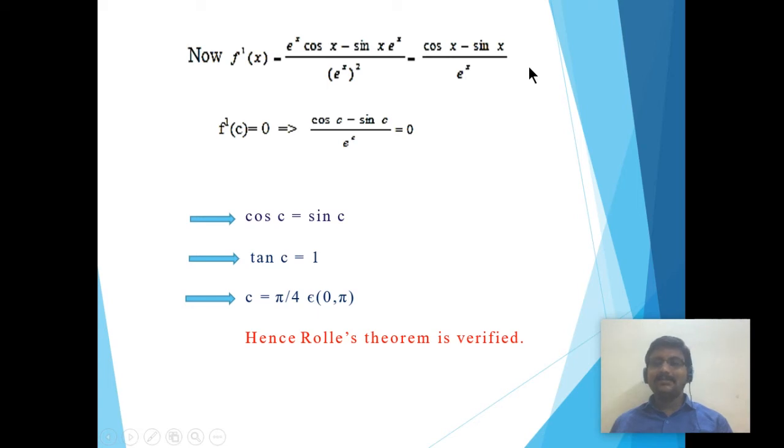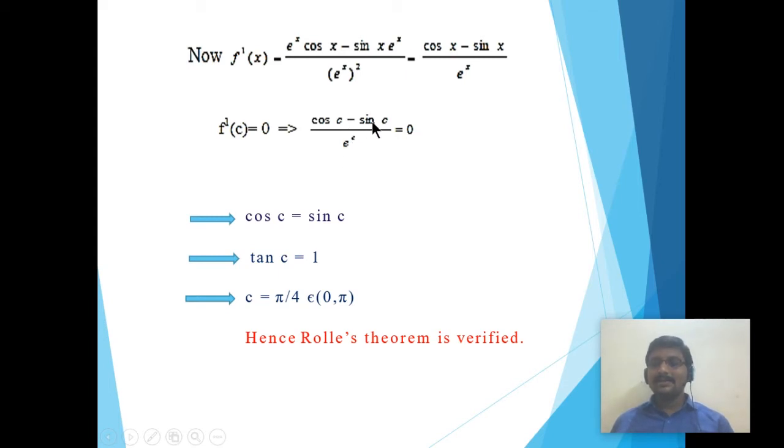That is f dash of x, but by Rolle's theorem there exists at least one value of x, say c, such that f dash of c is equal to 0. Just replacing x with c, f dash of c is equated to 0. That is (cos c minus sin c) upon e power c equal to 0, which implies, on cross multiplying, 0 into e power c is 0.